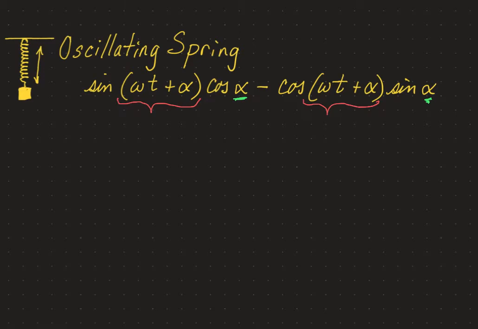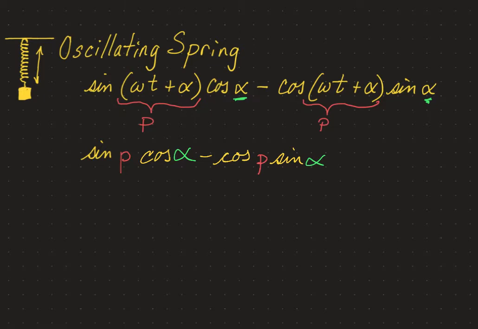Let's go ahead and let p equal that omega t plus alpha and rewrite this as the sine of p times the cosine of alpha minus the cosine of p times the sine of alpha. That looks very familiar.